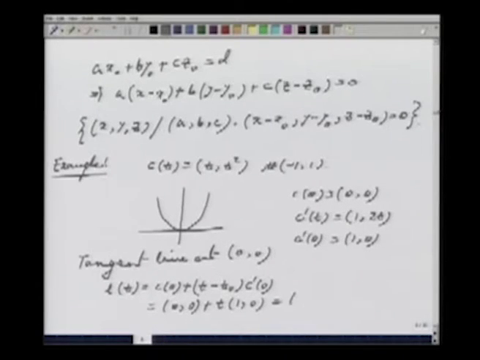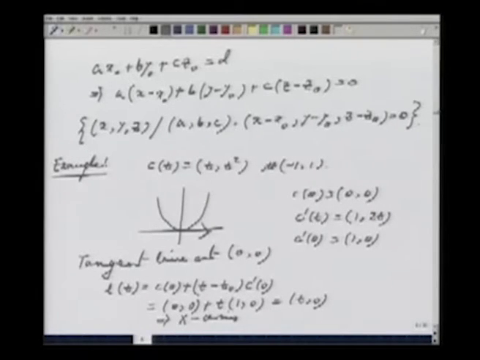So it is just (t, 0), where t varies over the set of real numbers. So all I get is the x-axis, which is very obvious from the picture, that this line at (0, 0) is the tangent to the curve.